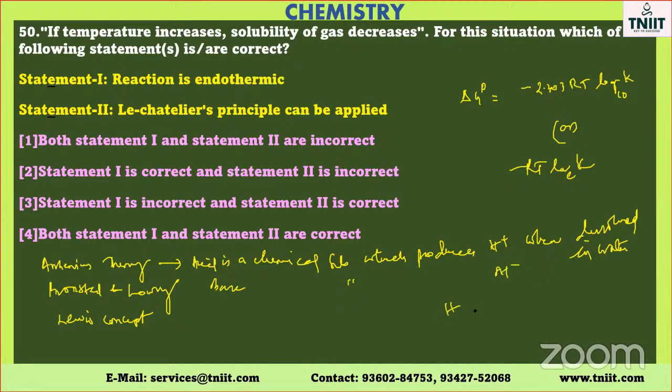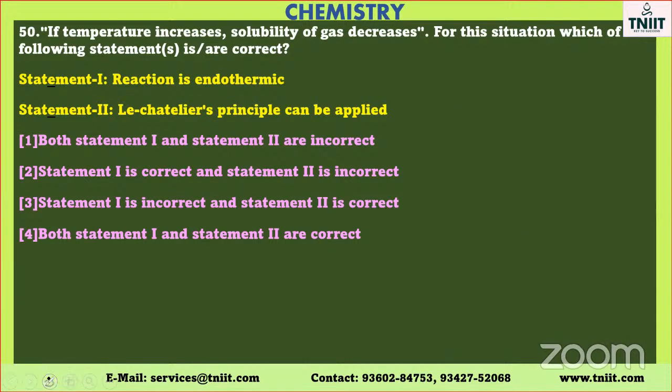For example, if we take HCl and dissolve it in water, we get H plus and Cl minus. Likewise, NaOH when dissolved in water gives Na plus and OH minus. Anything which gives OH minus when dissolved in water is a base. Anything which gives H plus when dissolved in water is an acid. This is according to Arrhenius theory.